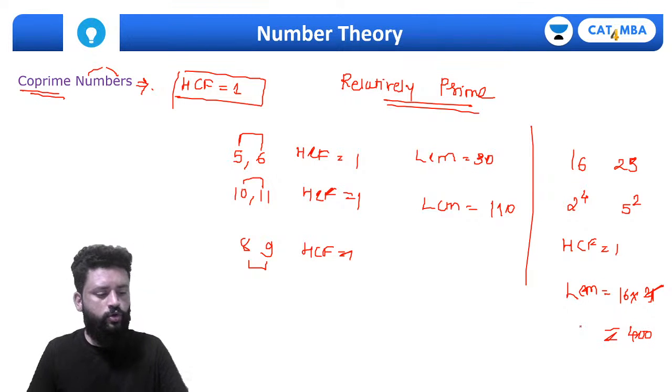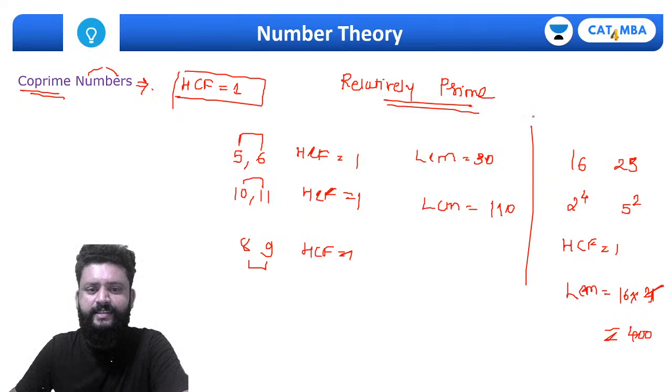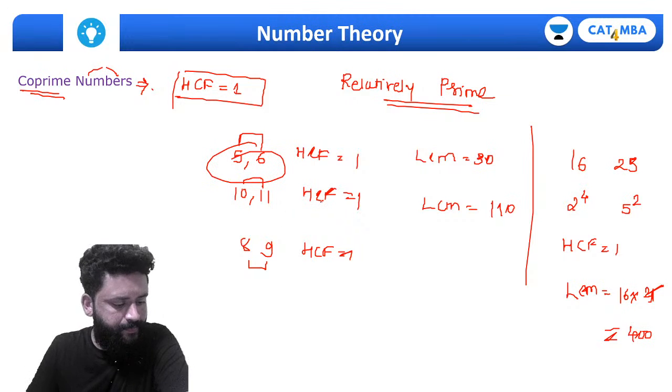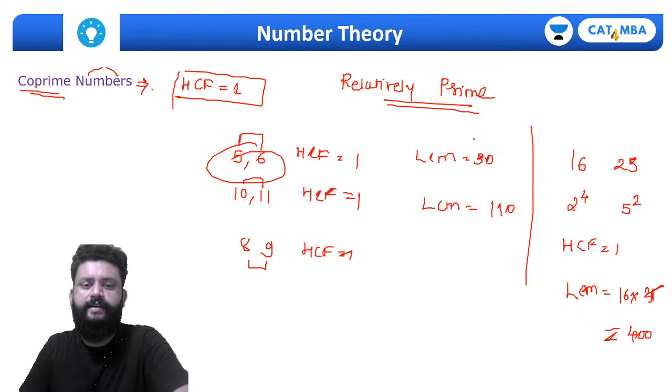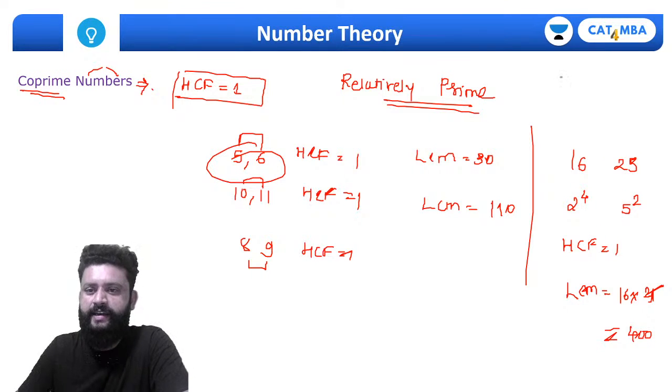They are both same. No, no, no. That is not same, Jagdeep. See, prime numbers are different. Co-prime numbers are not prime numbers. Look at this. Are 5 और 6 ये दोनों prime numbers है क्या? No. Co-prime and prime numbers are different.